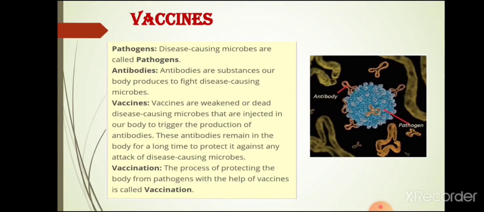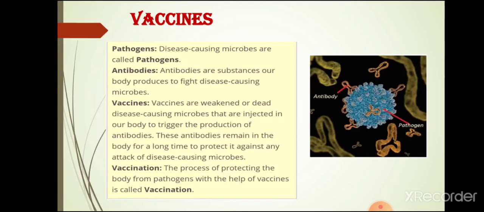Then what is a vaccine? Vaccines are weakened or dead disease causing microbes which are injected in our body to trigger the production of antibodies. These antibodies remain in the body for a long time to protect it against any attack of disease causing microbes. Then vaccination is the process of protecting our body from any pathogen with the help of vaccines.